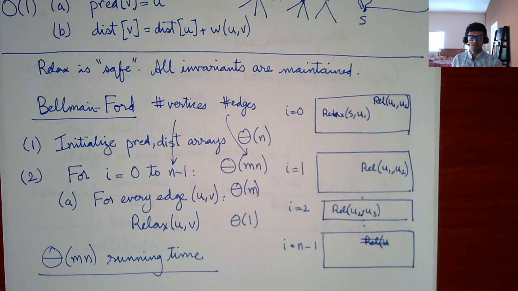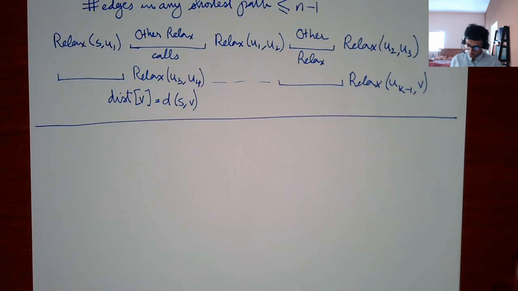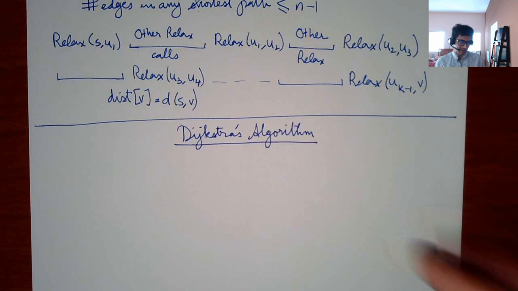Now that we've talked about Bellman-Ford, we can talk about Dijkstra's algorithm. Now, what is the benefit of Dijkstra over Bellman-Ford? So let's actually first look at what is the downside. So it's not a downside.